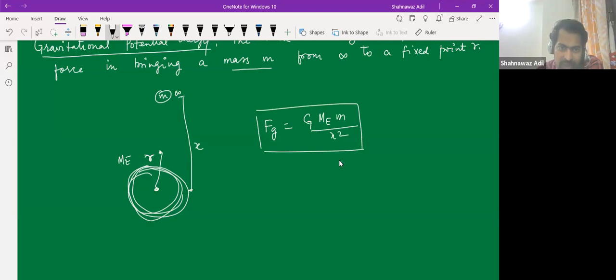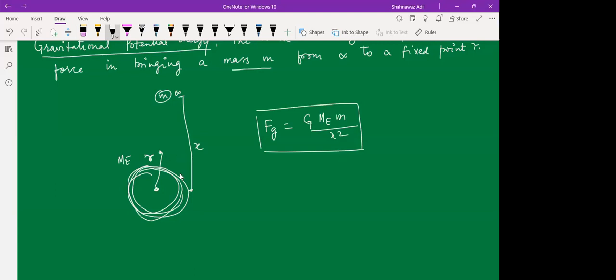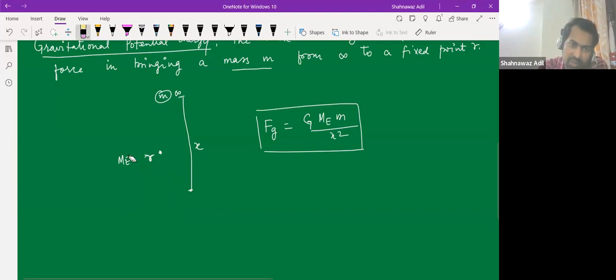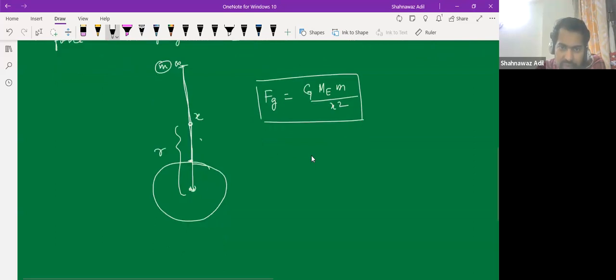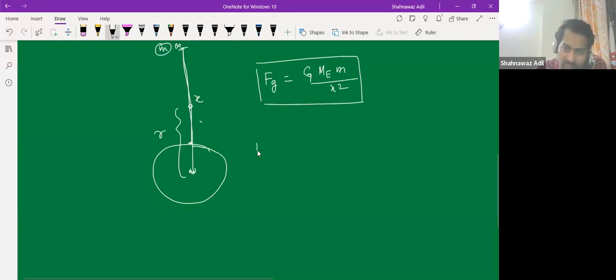So this distance is x, and I'm bringing the mass from infinity to this point. What would be the work done?